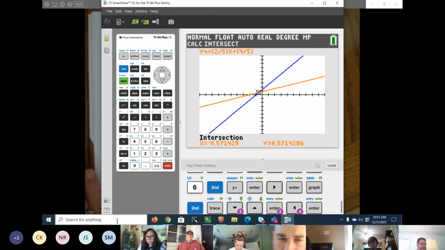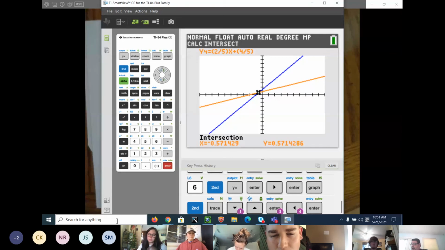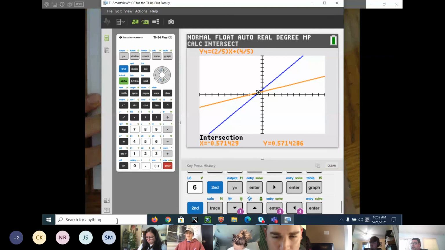And there, folks, is your answer. I'd write the whole answer out because I don't know what they want you to round to. Negative 0.571429, comma, 0.5714286.